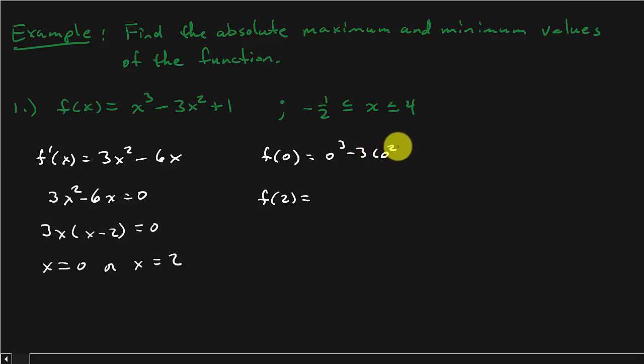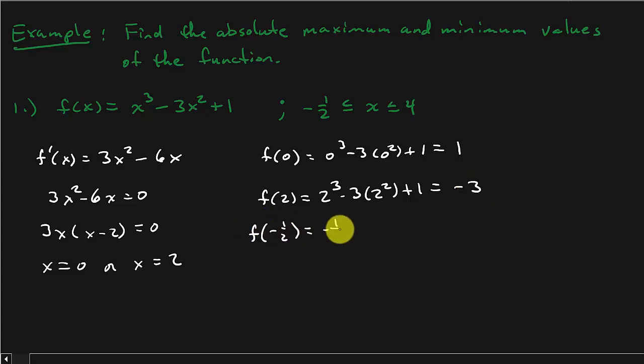0 cubed minus 3 times 0 squared plus 1, which is 1. And this is going to be 2 cubed minus 3 times 2 squared plus 1. And that is equal to, let's see, f of 2 is equal to -3. And then I have f of -1/2.